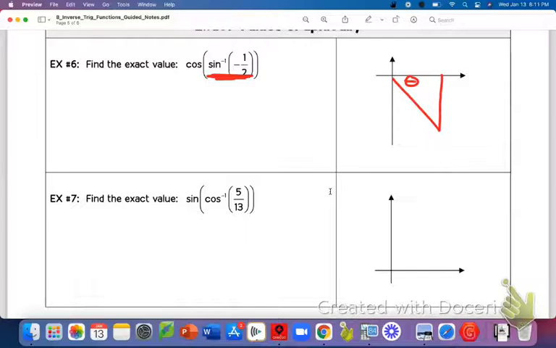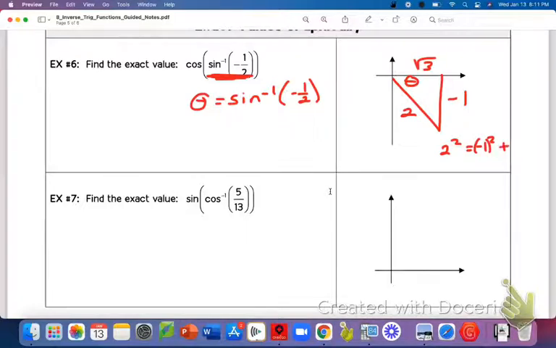So let theta equal sine inverse of -1/2. Sine is opposite, so opposite of theta is going to be -1. Hypotenuse is 2. Using the Pythagorean theorem gets us that other leg to be root 3. All we did was 2 squared is equal to -1 squared plus x squared, which got us to root 3.